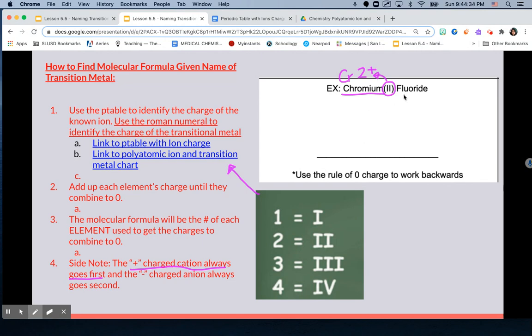Right, so now I need to find the charge of this next element. So this element is called fluoride, but remember that we changed the ending of the name of this element, ide, to show that chromium and this other element that I've underlined in blue are a couple.